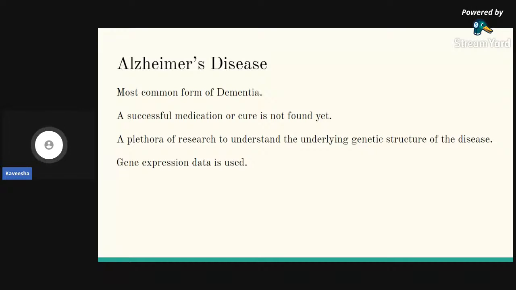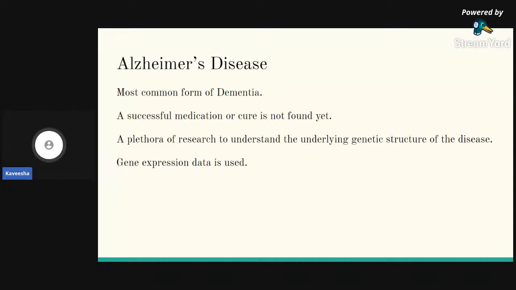There are many areas of research that are trying to identify the hidden cause for the disease, and one such approach is trying to explore the underlying genetic structure of the disease. In that case, there are many ways that scientists and researchers are using, even today, to explore whether there are any biomarker genes that could have a potential risk for Alzheimer's disease.